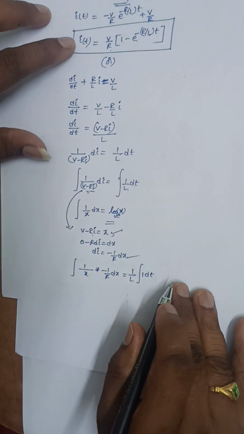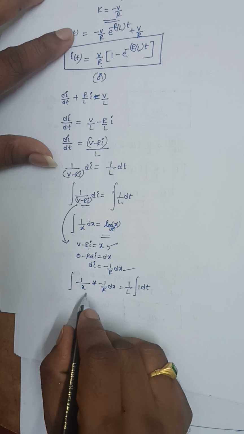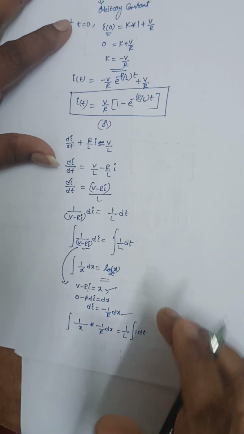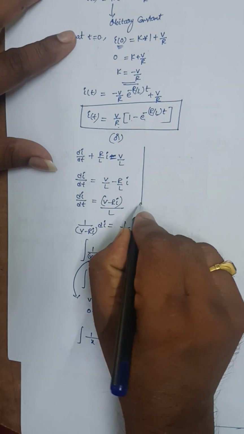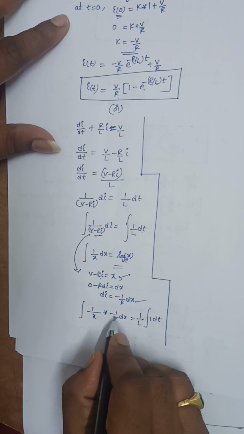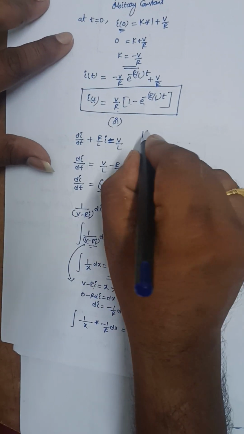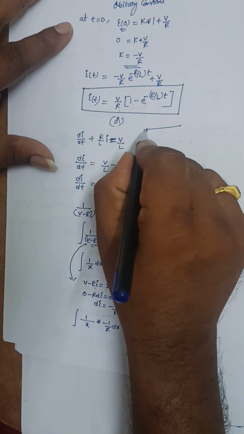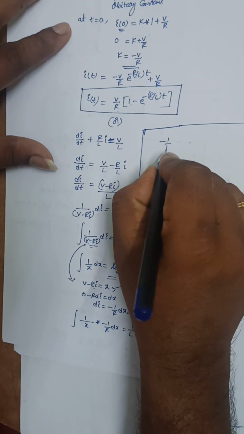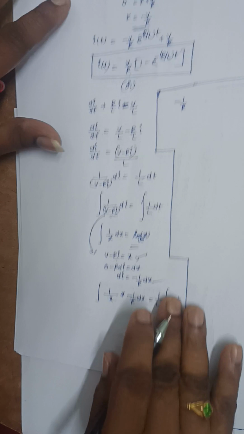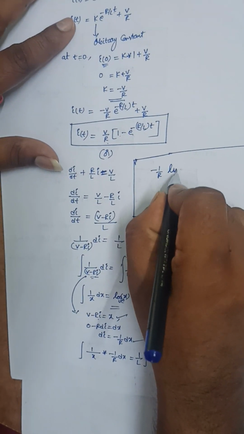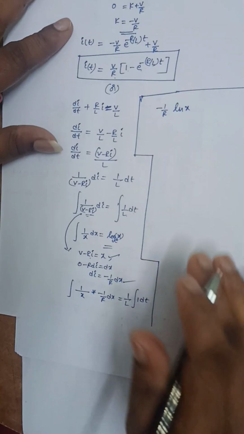Now R is a constant, I can take it out from this integration. So minus 1 by R into integral 1 by x dx, and the integration of 1 by x dx is ln x.